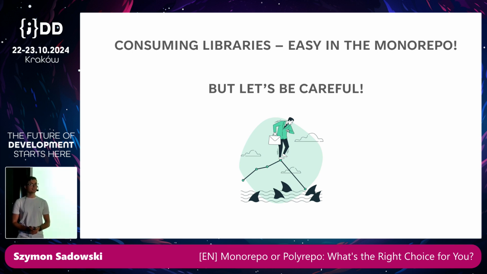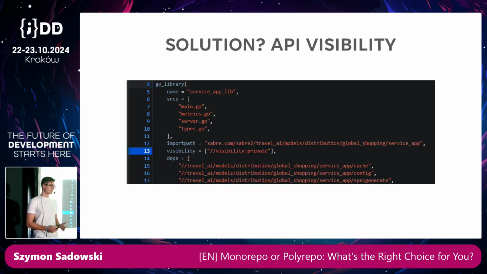Fortunately, in state-of-the-art tools, for example, in our case we were using Bazel, and Bazel allows us to specify the visibility of our package. So if I don't want anyone to use my package, I specify that, hey, it's private, no one should use it.